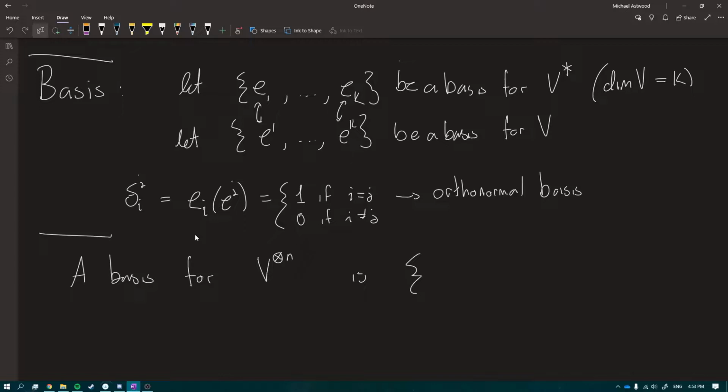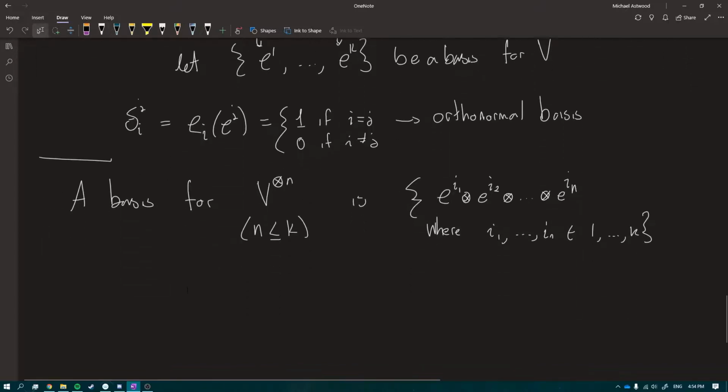So we're going to make n less than or equal to k, and it's going to be e_{i1} tensor e_{i2} tensor, dot dot dot, up to e_{in}, where i1 through in are integers from 1 to k.